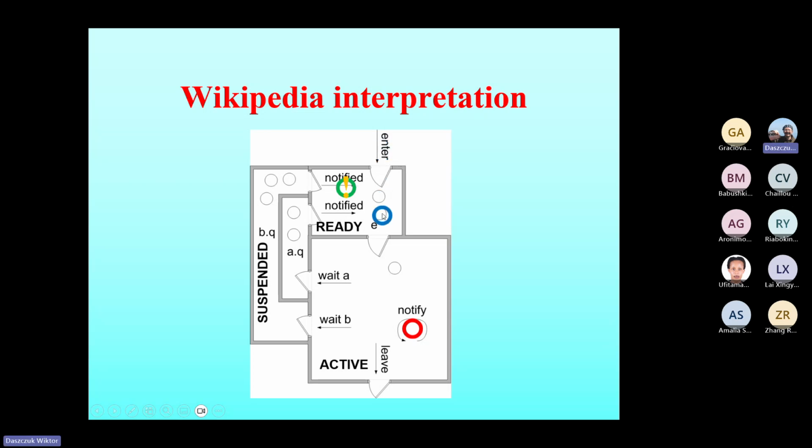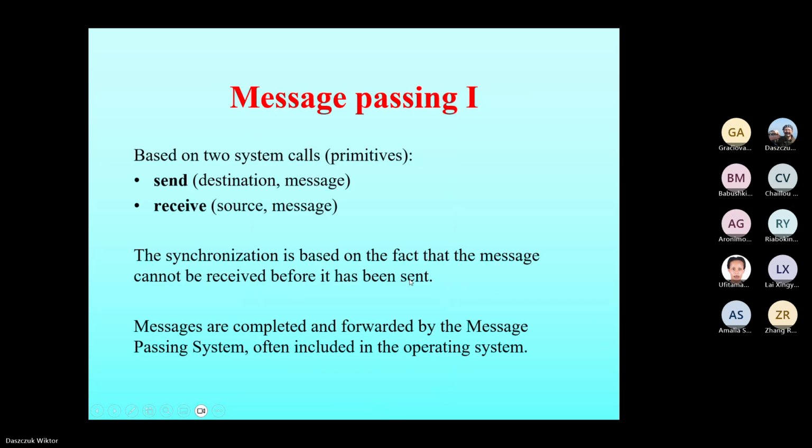Another process can enter the ready state, waiting for the critical section. If the red process goes out of the monitor, the notified process enters the critical section with privilege over other processes waiting. Okay. This was all about monitors.